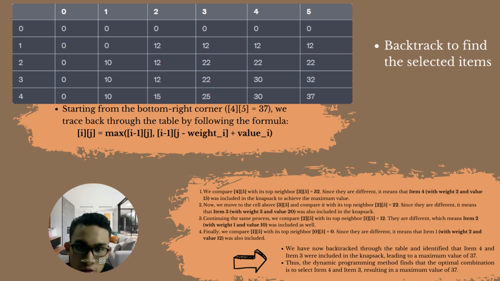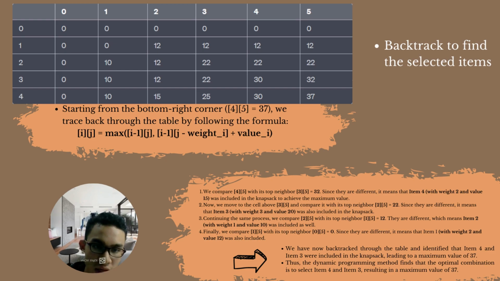Continuing the same process, we compare row number 2, column number 5 with its top neighbor, row number 1, column number 5, equal to 12. They are different, which means item number 2, with weight equal to 1 and value equal to 10, was included as well. Finally, we compare row number 1, column number 5 with its top neighbor, row 0, column 5, equal to 0.